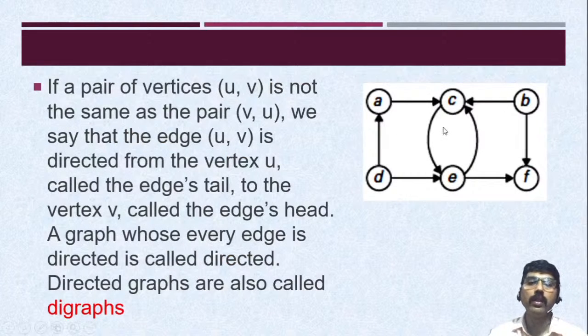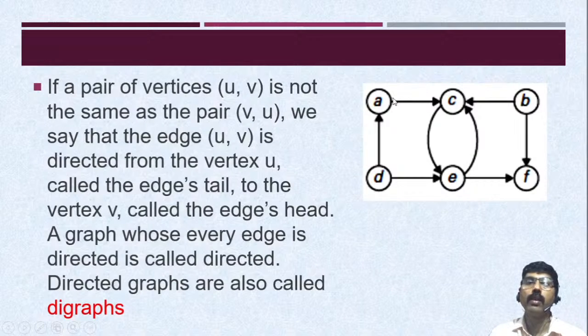Now see this graph. This is called a directed graph. In short, it is also called a digraph. In a directed graph, each edge has some direction. If you see here, instead of a line, we use an arrow mark.